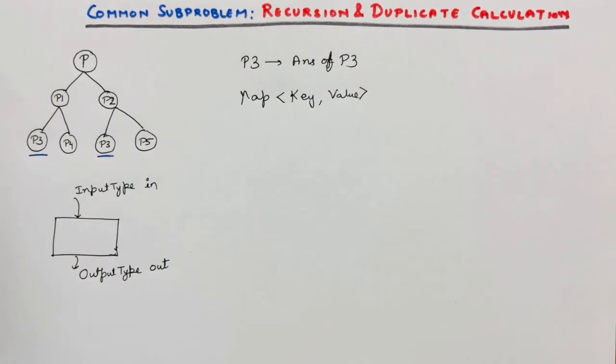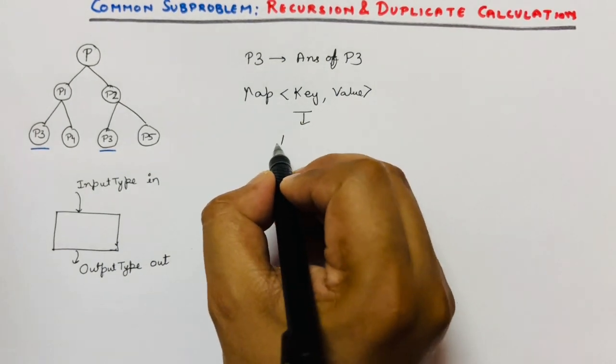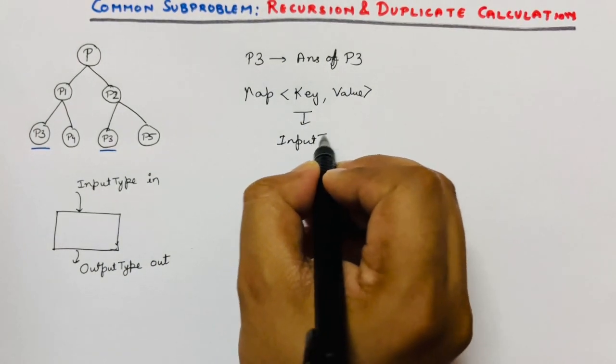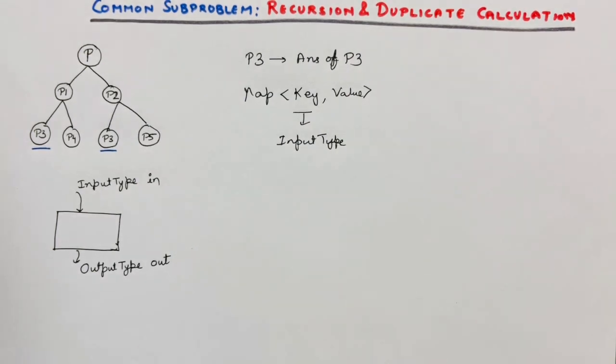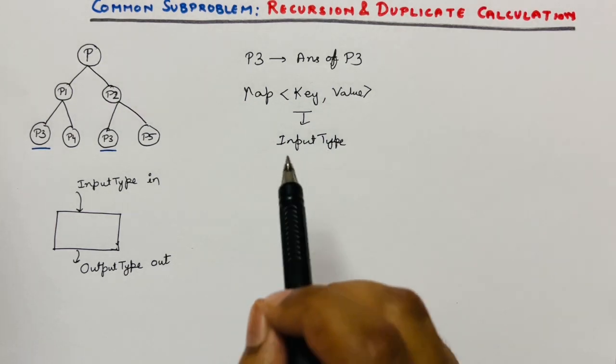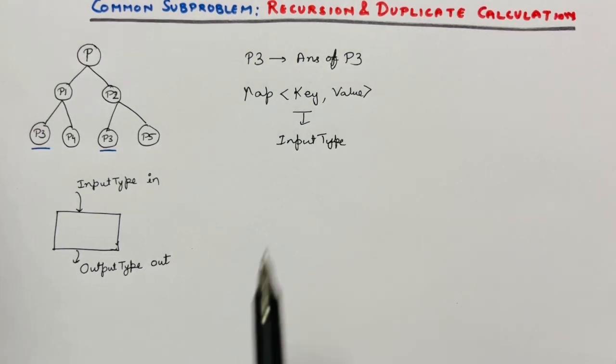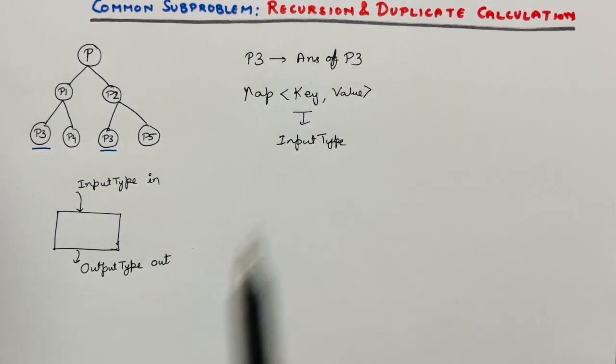So what will be the data type of key? The data type of key will be the data type of whatever is your input. So input type could be string, input type could be integer, input type could be anything complex, even list of lists or anything. So the data type of this map would be whatever is your input type, and similarly the data type of value will be whatever is your output type.